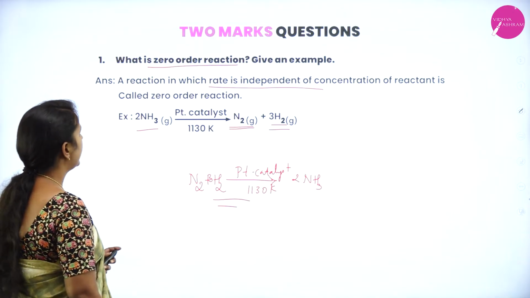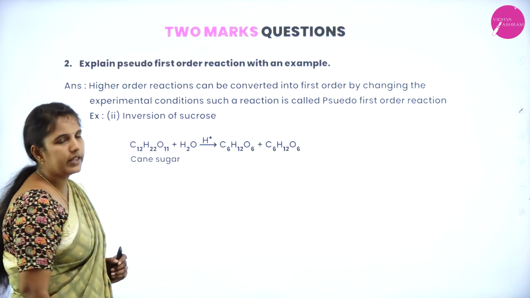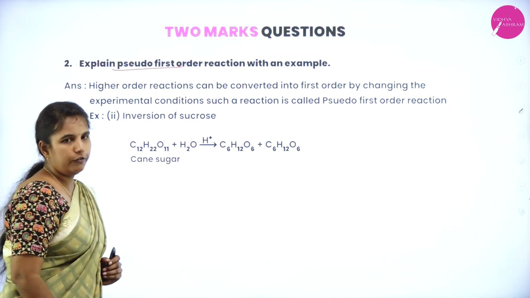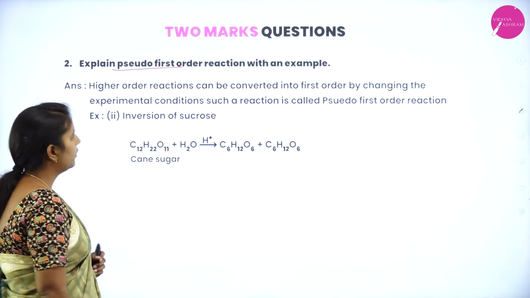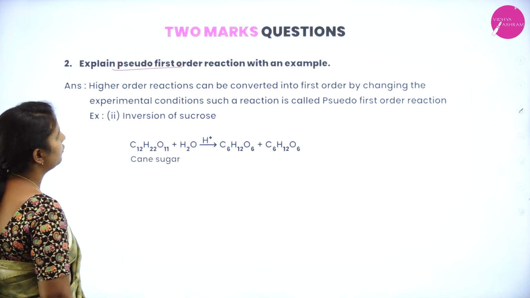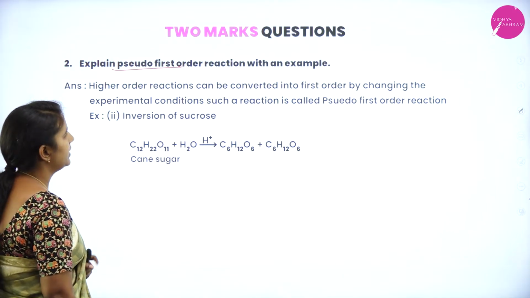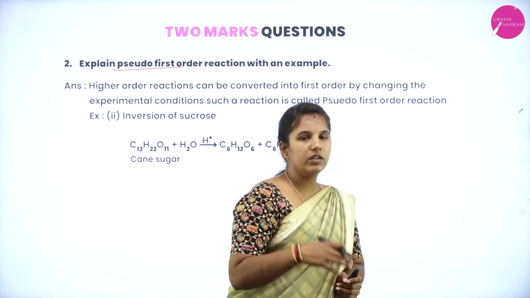Next, explain pseudo first order reaction with an example. Again, you need to tell what a pseudo first order reaction is and give one proper example. A higher order reaction that can be converted into a first order reaction by changing the experimental conditions is said to be a pseudo first order reaction. Usually pseudo means false.